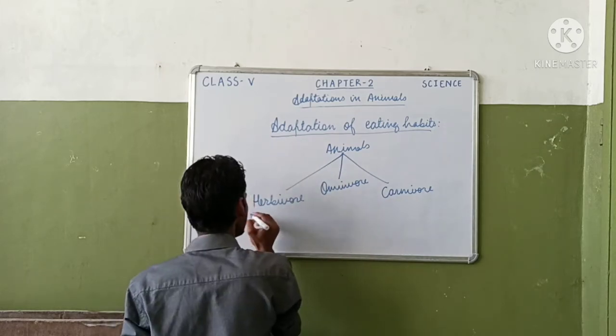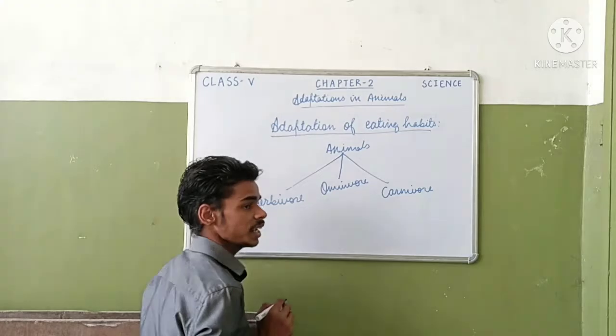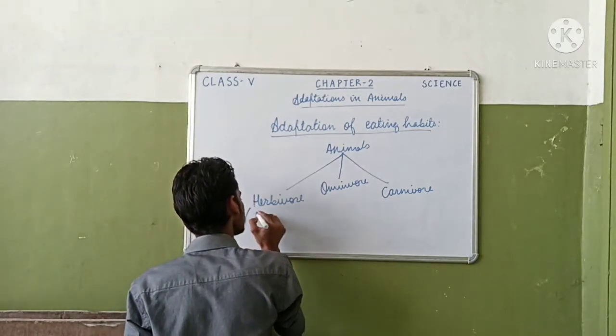Herbivores are animals that eat only plants.